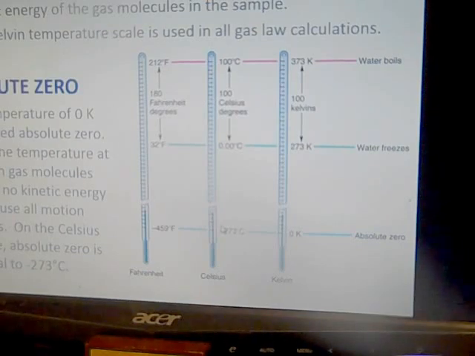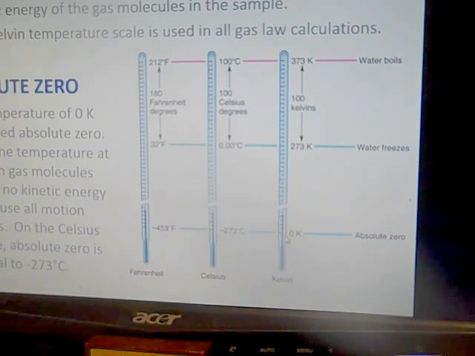But in solving gas laws, especially when you're dividing and multiplying numbers, we will not use the Fahrenheit or Celsius scale, because if you do so, you'll get an incorrect answer. The way to get correct answers is to convert into the Kelvin scale. That's an important point to remember.